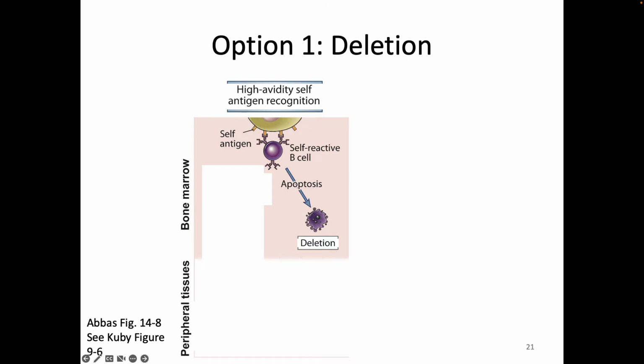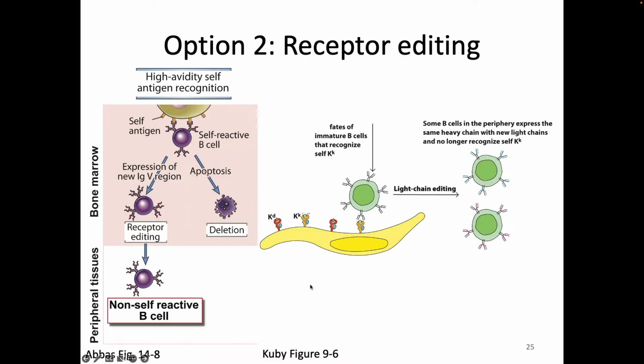Experimentally, deletion was actually pretty hard to examine. But when people examined deletion, in the experiments that I am currently skipping over, they found that deletion wasn't the only option. They found these 2 other options as well. One of these options is called receptor editing.